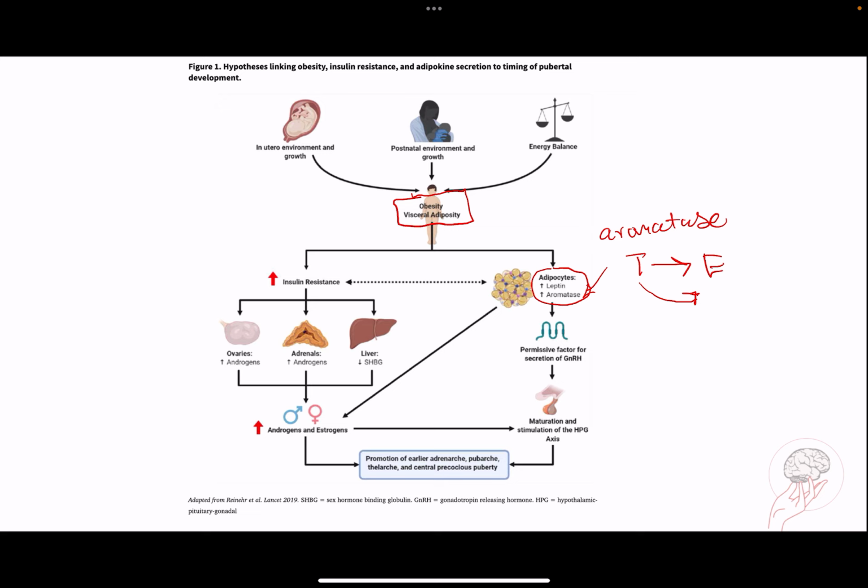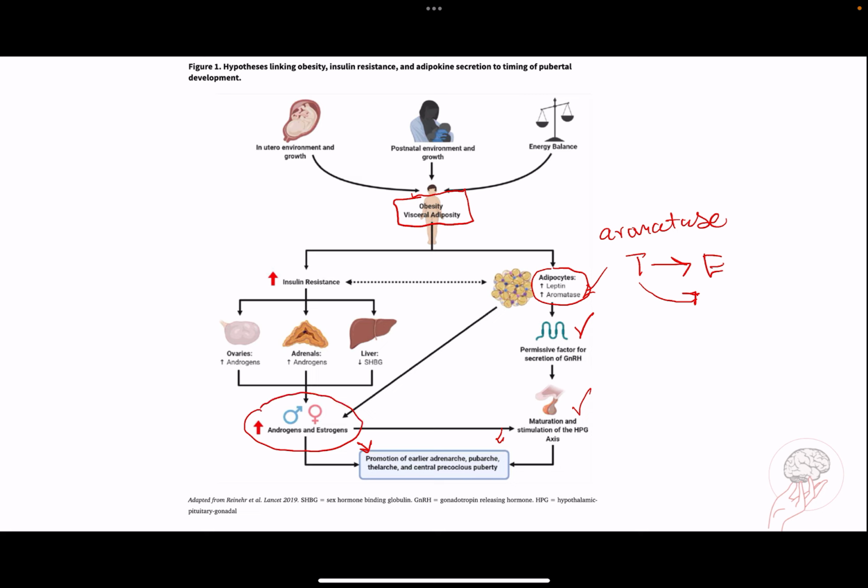The more leptin signaling, that's going to put the OK for starting puberty and the maturation of the hypothalamic pituitary gonadotropin axis. So that's going to encourage the promotion of earlier adrenarche, pubarche, telarche, and central precocious puberty. And it does this additionally through increased androgens and estrogens.